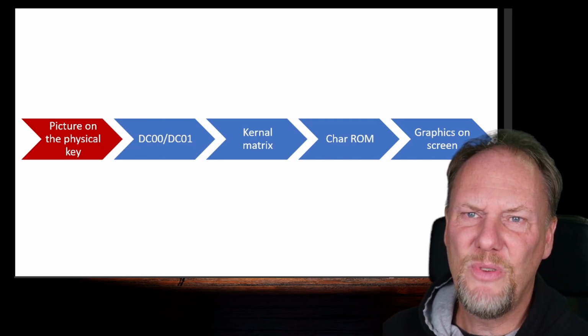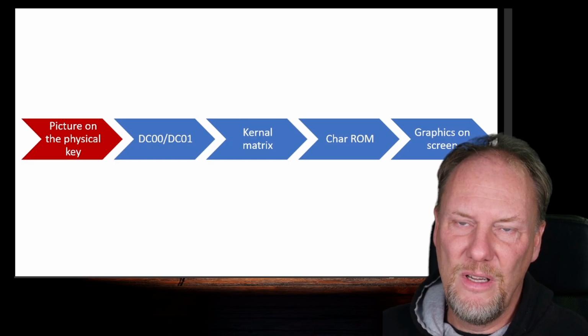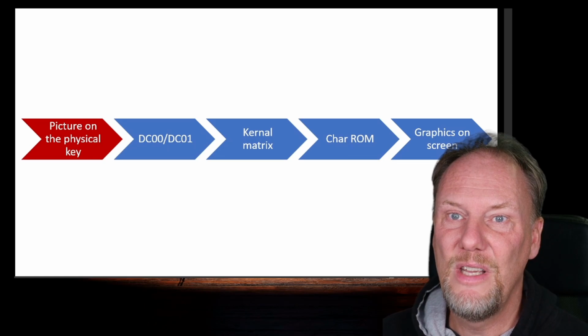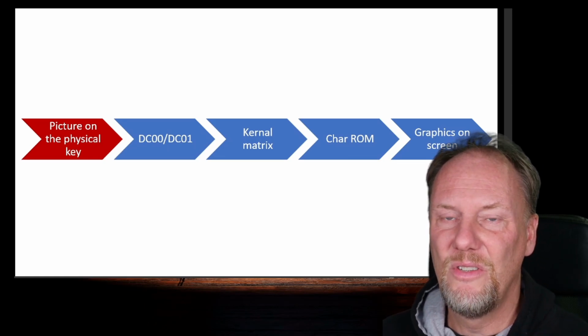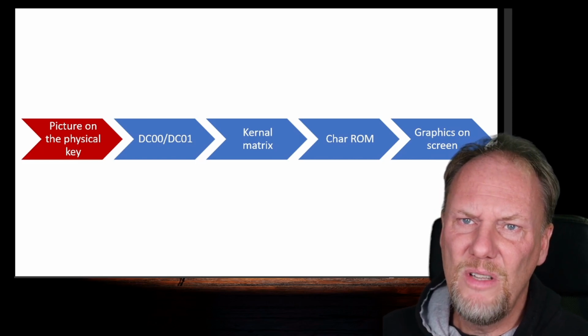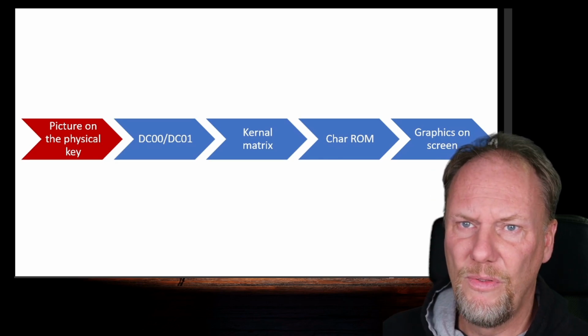Okay, so let me try to break this down for you. The keyboard has the physical layout and the images that you see on it, characters, and also the symbols and all of that. And then there are the registers DC00 and DC01, and we will go through that.